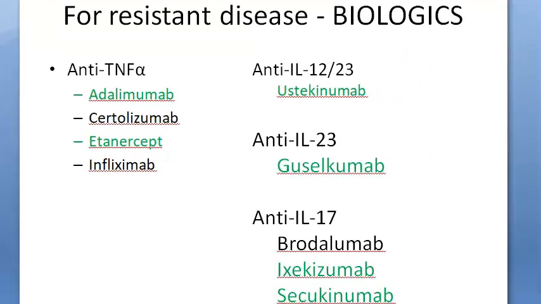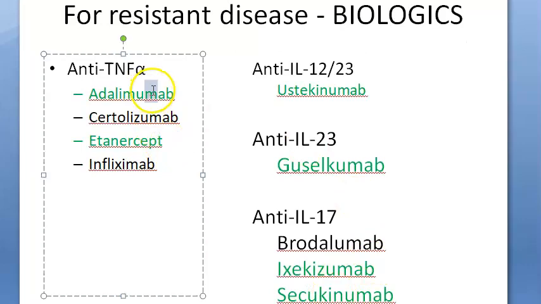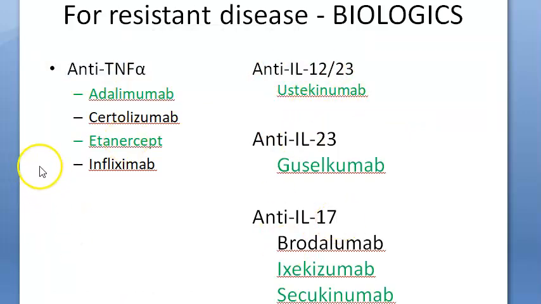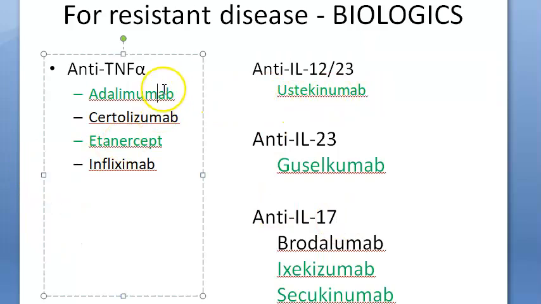Okay, for resistant disease. So you can see here, all these are like monoclonal antibodies, right? MAB. Ending in MAB means monoclonal antibodies. So here you have anti-TNF alpha and anti-interleukins on this side. Most of them are ending in MAB. Okay, that's what I want you to focus on. And here the only one not ending in MAB is etanercept. Okay.